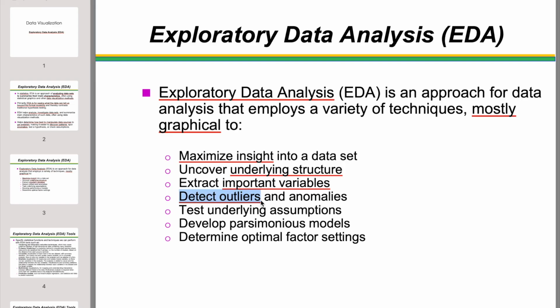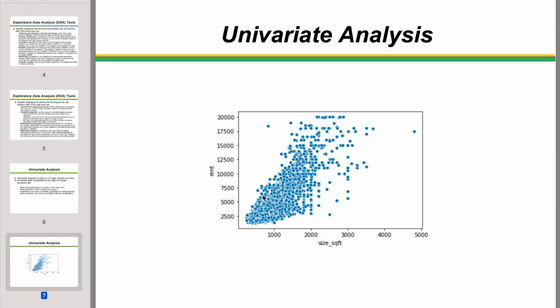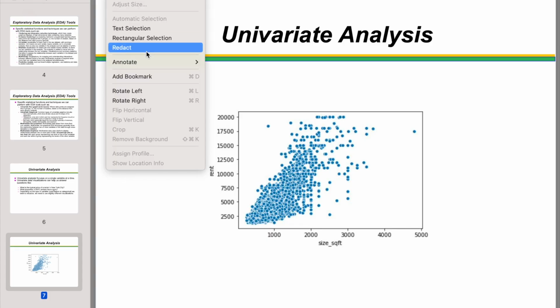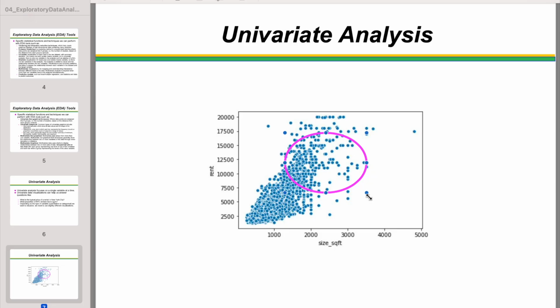Detect outliers and anomalies. This is easy to detect with a visualization, as we already discussed in a previous lecture. If we are to just visualize the data, most of our patterns would be in the form of a dot on our visualization.